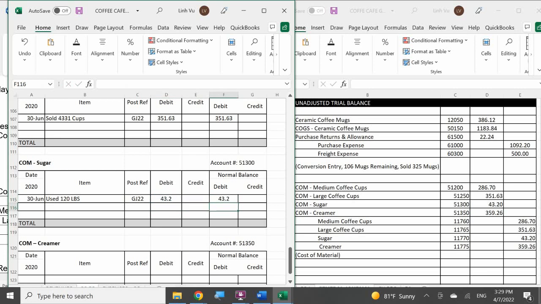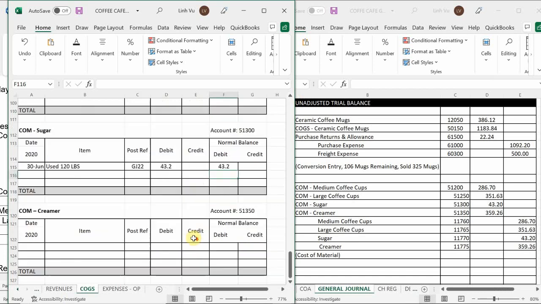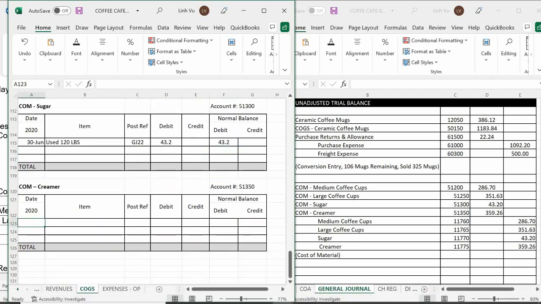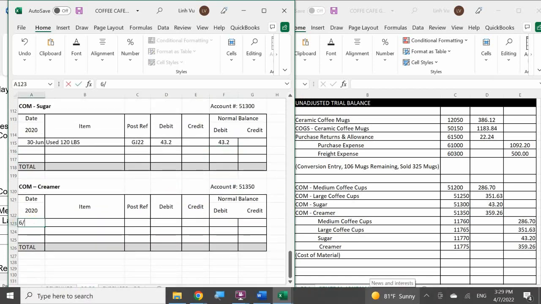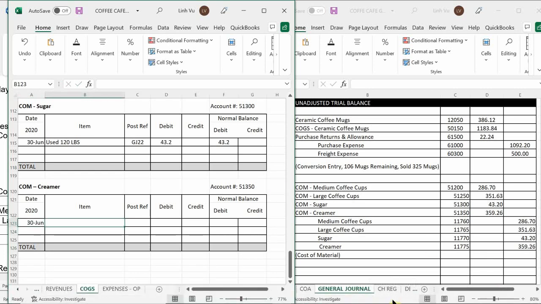Last but not least, we have the cost of materials for the creamer. How many cases of coffee creamer did we use? We used up 22 cases, which is a 12 pack.